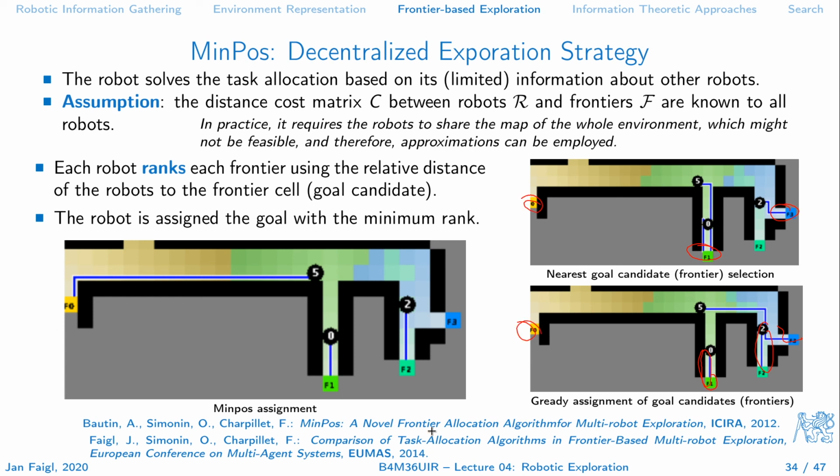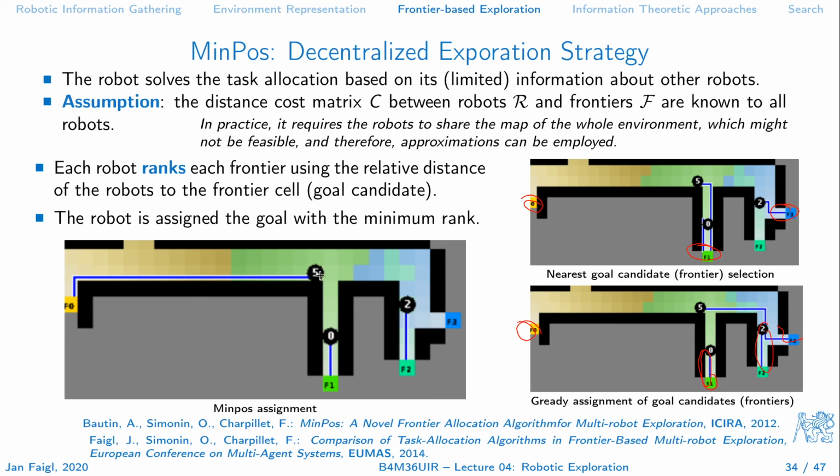And how MinPos works is that for each goal, we actually rank it for each robot. So we compute the rank considering the distance of other robots.